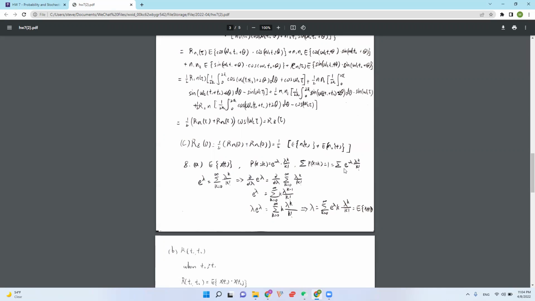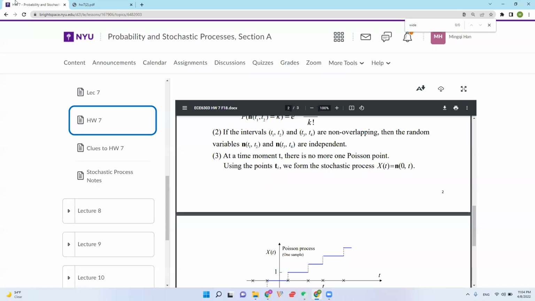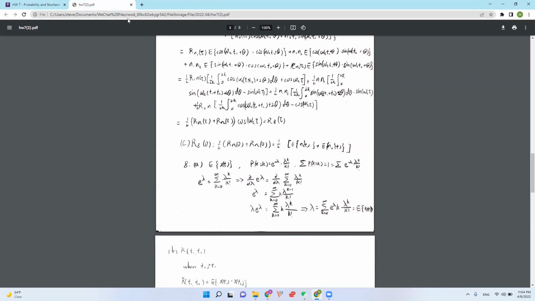And we are to find out the expected value of that, which is basically we're trying to figure out the sum of k e to the negative lambda, lambda to the k over k factorial.